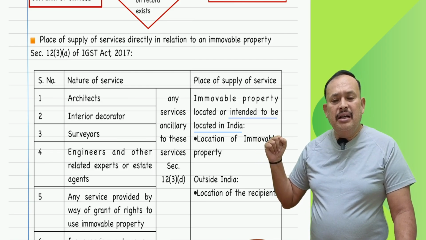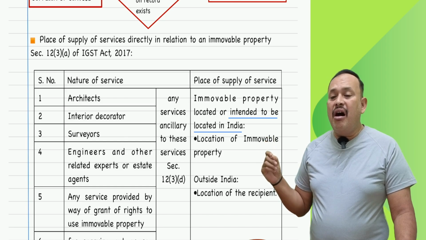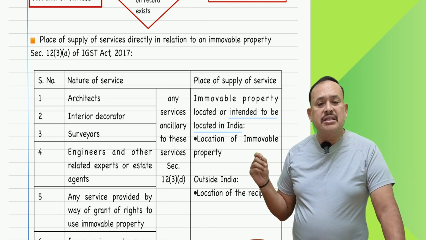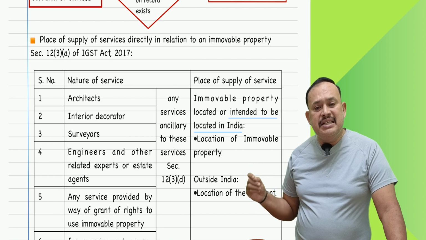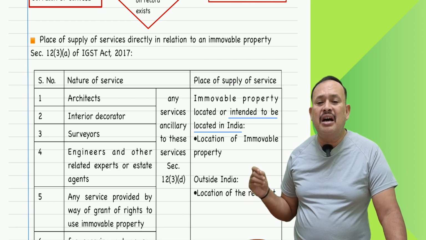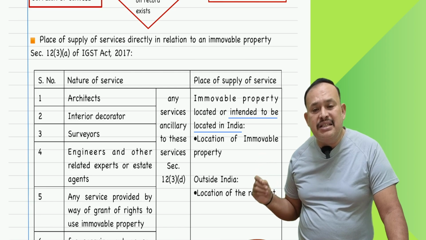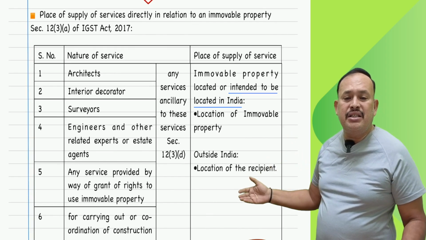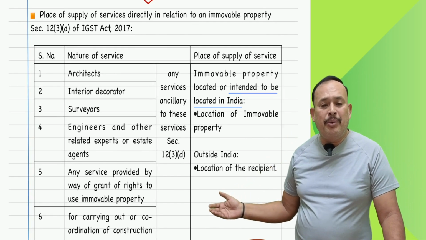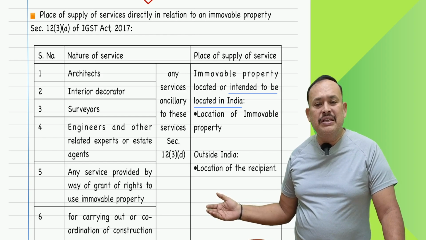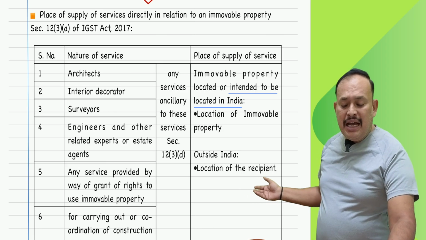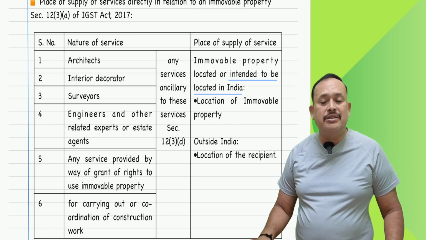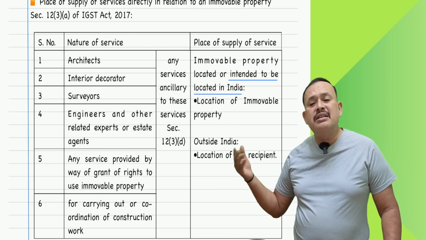Here, the nature of service: architect services, interior decorator services, surveyor services, engineers and other related experts or real estate agent services, any services provided by way of grant of right to use immovable property, or for carrying out or coordination of construction work or any ancillary services thereon.